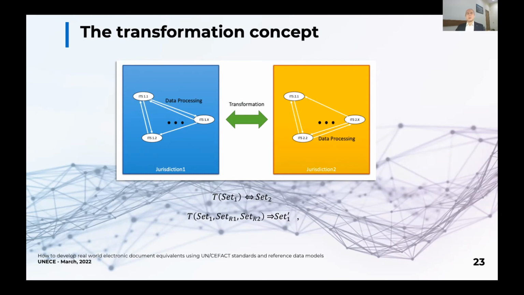Therefore, in order to transfer information, a document, or a dataset from one participant or step of a business process to another, provided that they use their own information models, such data must be transformed from one model to another. At the same time, the transformation does not imply any functional data processing.